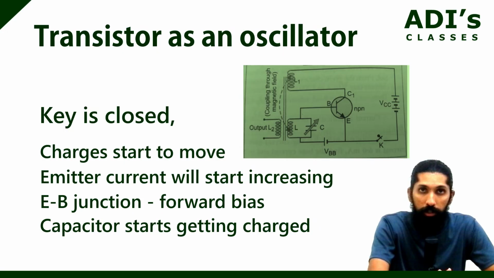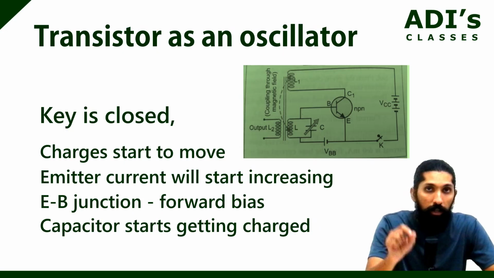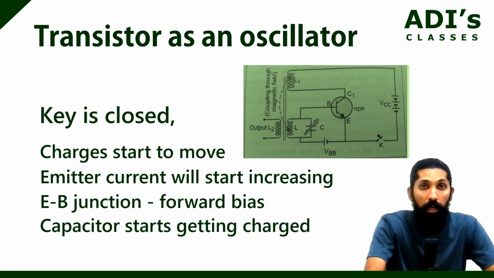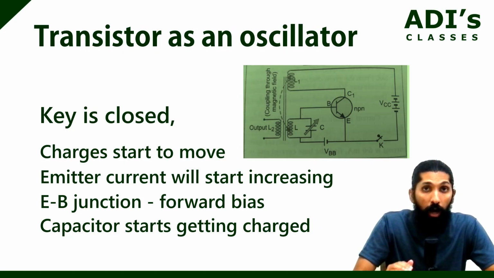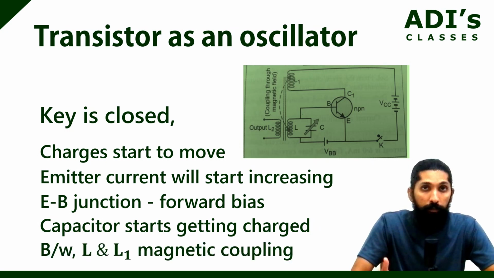The emitter-base junction is under forward bias, the emitter current increases, the collector current increases, and the upper plate of the capacitor starts to become positive in nature. In the sense, between L and L1, there is magnetic coupling. So as the coupling starts to increase, the capacitor will also keep on charging.